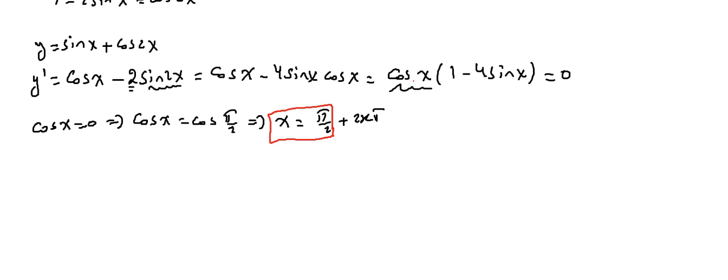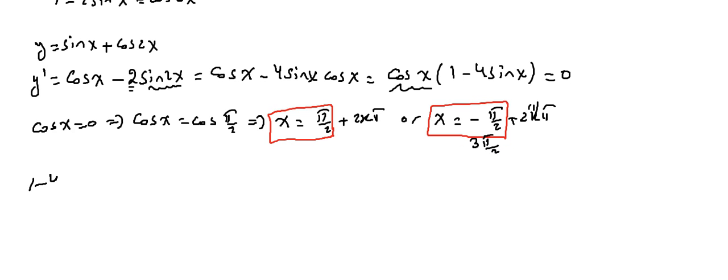This is one of the critical points. Or x equal minus pi over 2 plus 2k pi. This means x is minus pi over 2. It's a critical point. It's an endpoint because I took already the domain from minus pi over 2 to 3 pi over 2. So this one is the same as 3 pi over 2. If instead of k we put 1, this will be 3 pi over 2. The same. All right, let's do the other one.